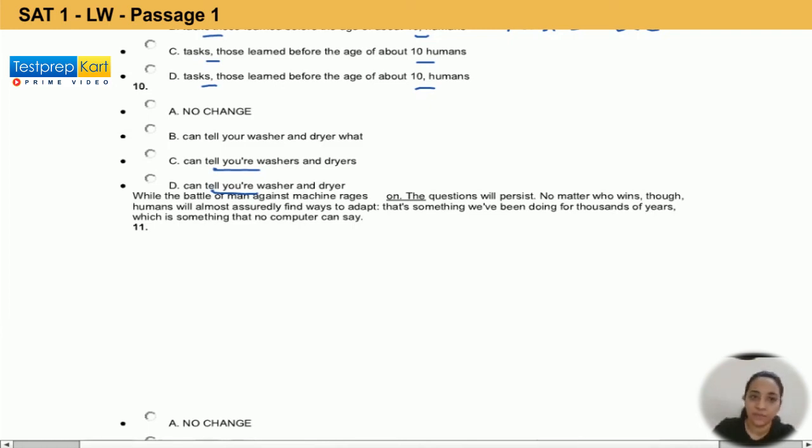Okay, so here we have the structure. While X happens, this happens, right? So the first part, while the battle against machine rages on, right? The questions will persist. The first question will continue to persist. So let's see which option gives us this.